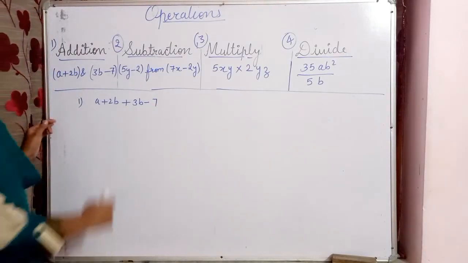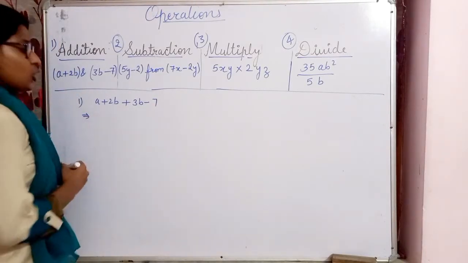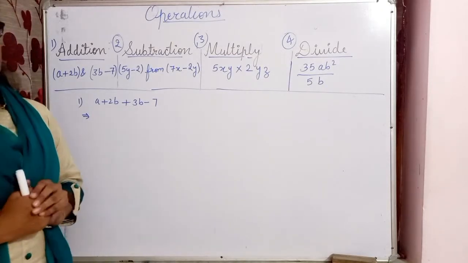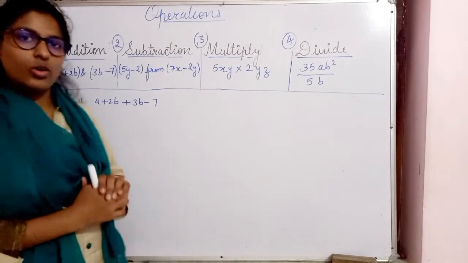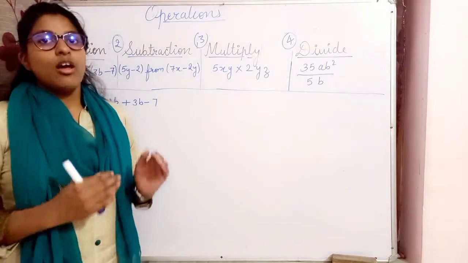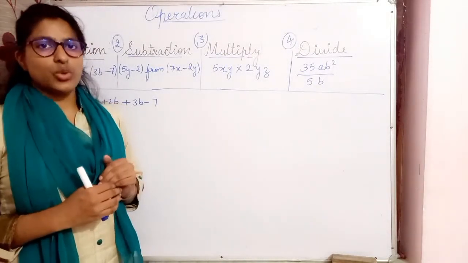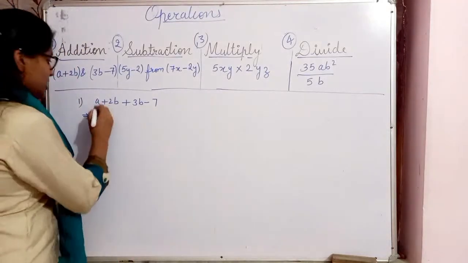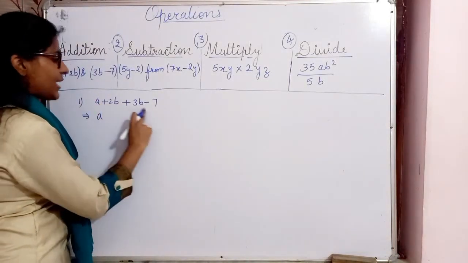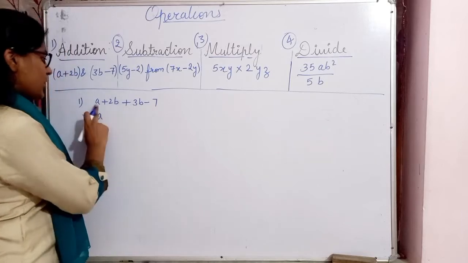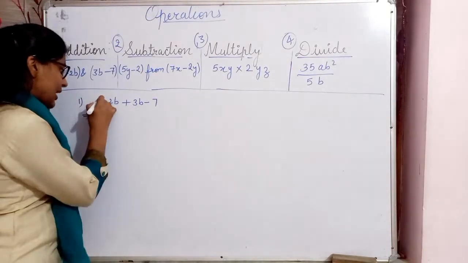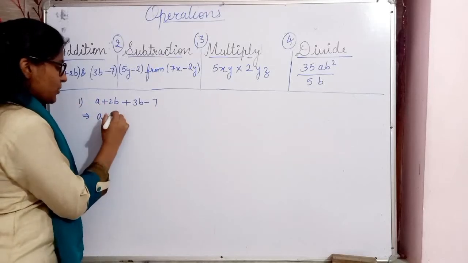Now when you solve, we get the answer in only 3 steps. Step number 1 is to open the brackets. Step number 2 is to arrange like terms together. So firstly write a. Observe, are there any like terms? No. a is the only single variable here. Now the single like term is here, 2b.